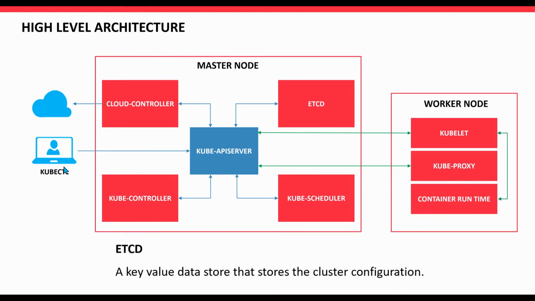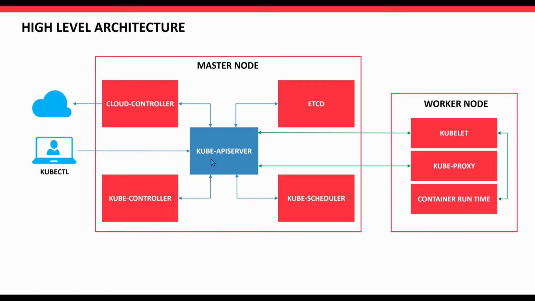So whenever you type commands at Kubectl, like kubectl get pods, get nodes, or any command, it goes to the API server. From the API server, it goes to etcd. etcd accepts communication from only one component in Kubernetes, that is the API server.